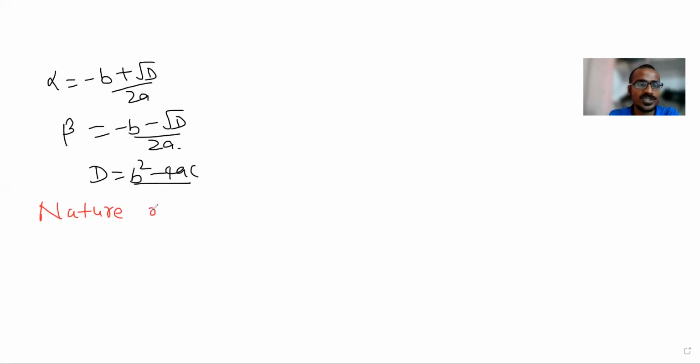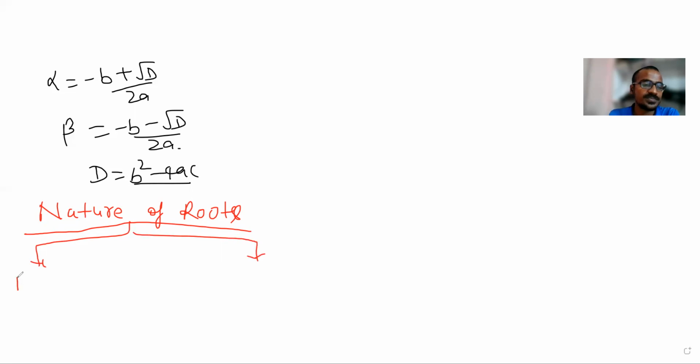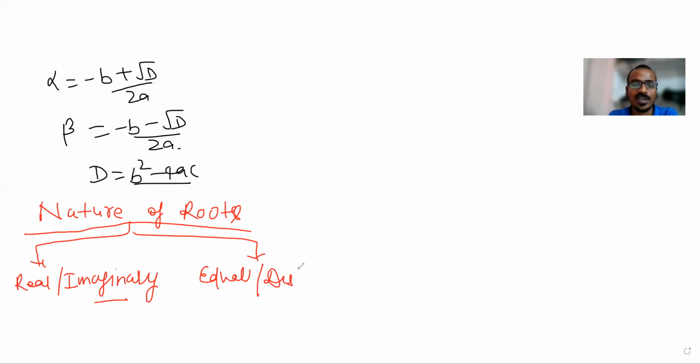Very important. Nature of roots means whether the roots are real or imaginary, or roots are equal or distinct.